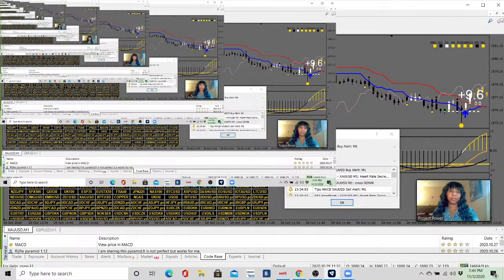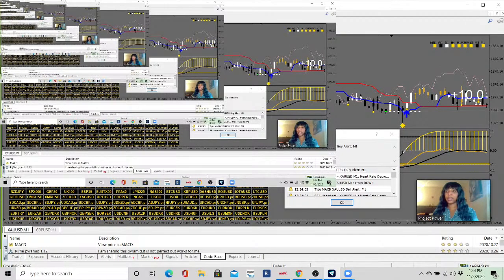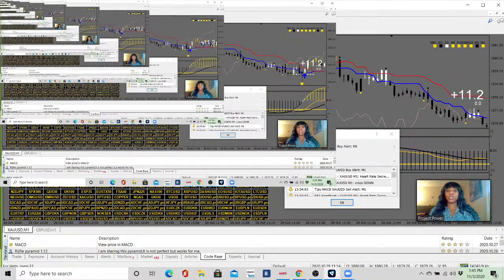From the grade B sell to the grade A buy, let's calculate how many pips we could have caught there. I'm gonna calculate when the candles turn black to the arrow. That is 43 pips.